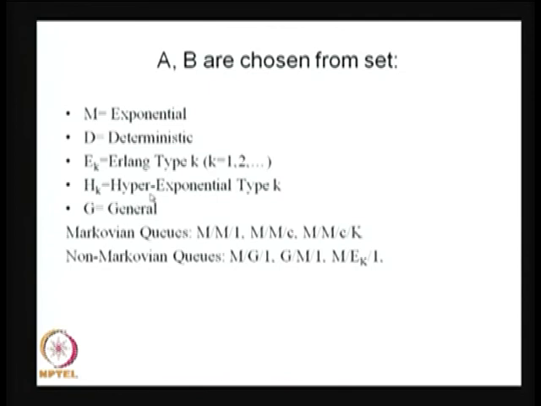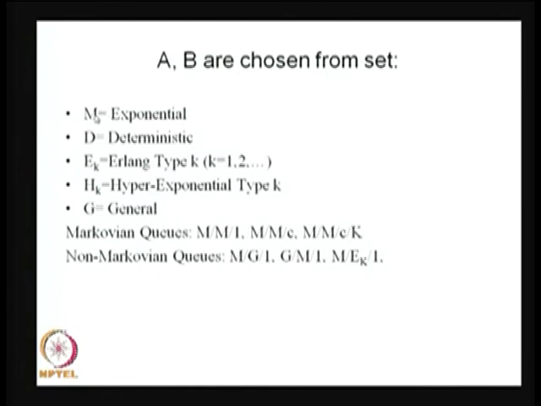Whenever the inter-arrival time is other than exponential, deterministic and so on, you can use the letter G. G means a general distribution. A general distribution is also a known distribution; the only thing is it is other than exponential distribution.